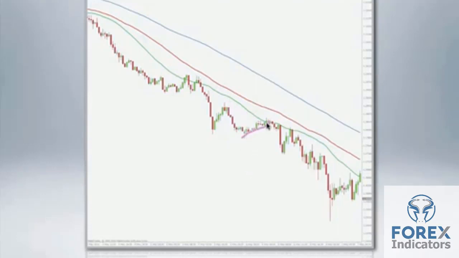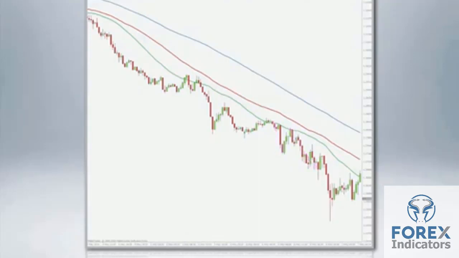Then we have another pullback, and then another bounce of that area, and there it goes, price once again for a whole new swing. This indeed would be a swing that we would be interested in trading. There goes another one there, with the swing starting at the dynamic area of support and resistance.